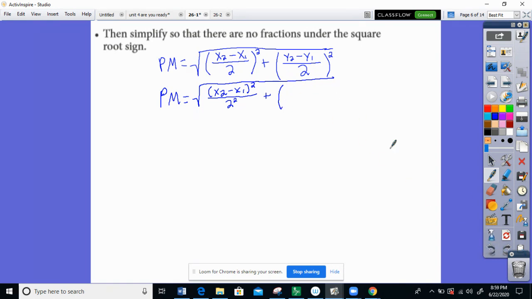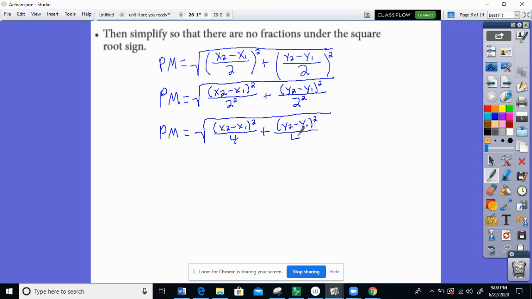Same thing right here. We want to have (y2 minus y1) squared in the numerator, and then we want to have 2 squared in the denominator. This is really good news for us because 2 squared is really easy to work out. That's 4, right? So this is going to be (x2 minus x1) squared over 4 plus (y2 minus y1) squared over 4.